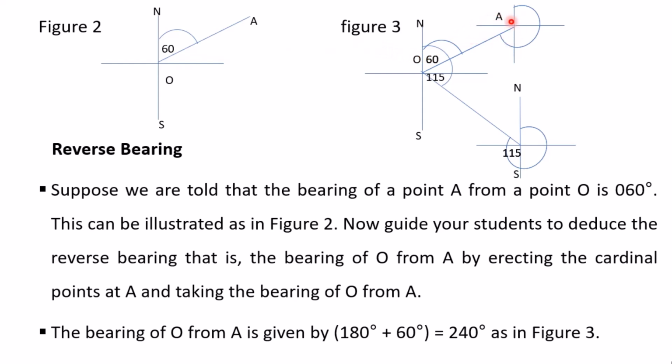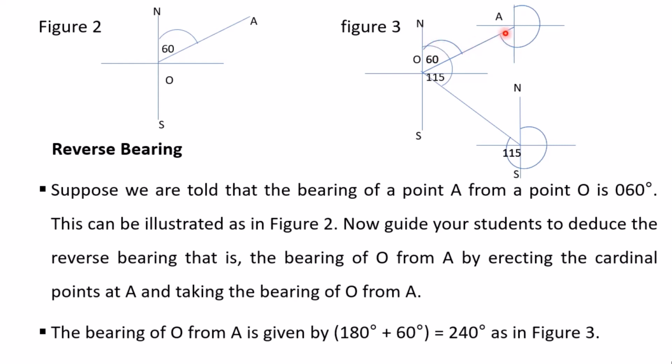So we are erecting another pole, another cardinal point at A: the north, south, east, and west at A. So that one can give us our back bearing or our reverse bearing. So in this case, whereas that from A away from O we are 60, if this part is 60, down here will also be 60.